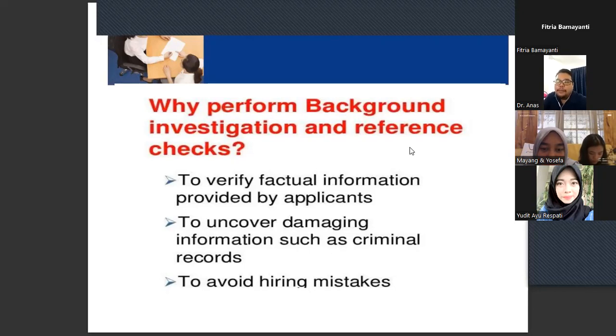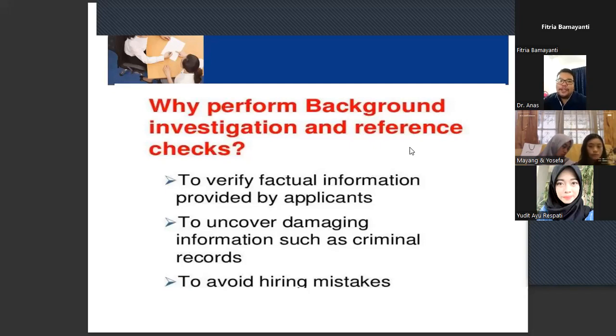Maybe within this week I will share the difference between the CV, resume and biodata. So I have one piece of information to share with you.